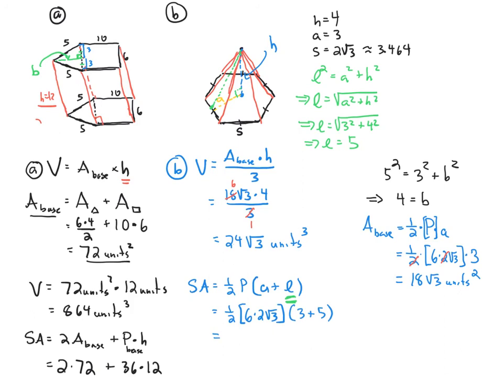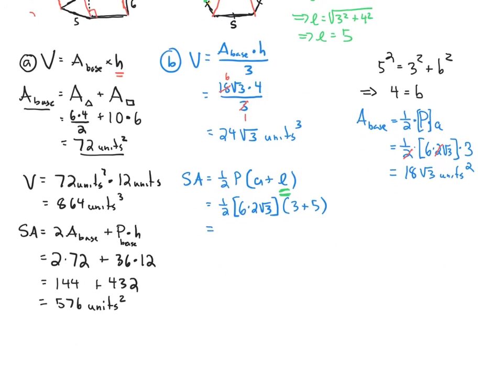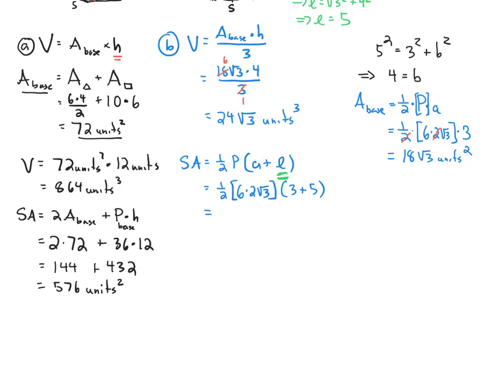Again, we simplify this. I'll scroll to make a little bit of room. We have this 2 canceling out, say, with that 2, so we'll cancel that. And 3 plus 5 is 8. So we have 6 times root 3 times 8. So 6 times 8 is 48. So this is 48 times root 3 units squared.